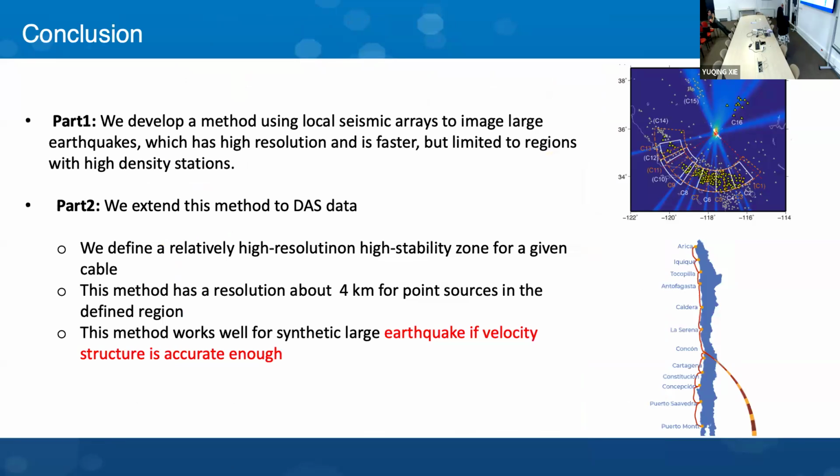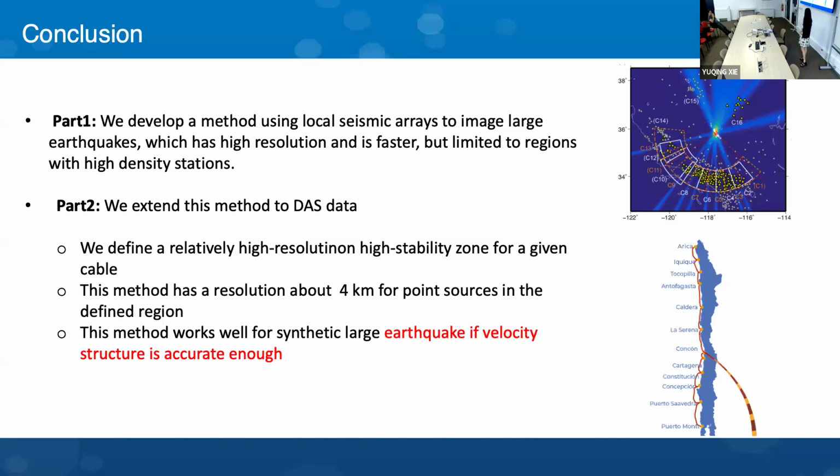Now we come to the conclusion. In part 1, we developed a method using local seismic arrays to image large earthquakes, which has higher resolution and is faster, but is limited to regions with high density stations like Japan and Southern California.